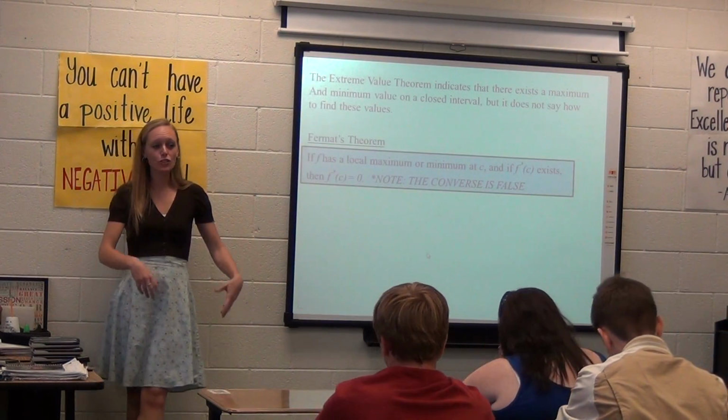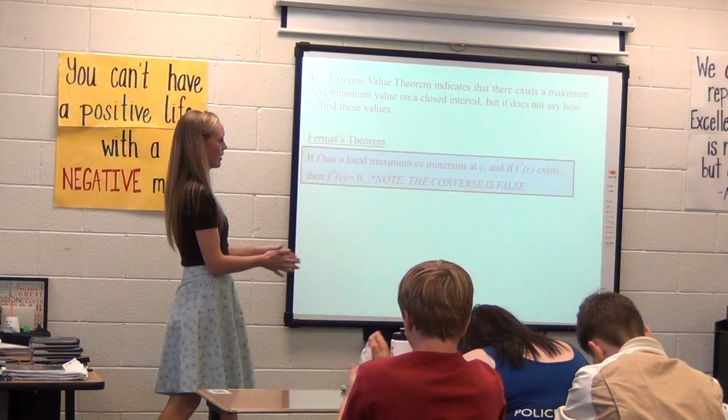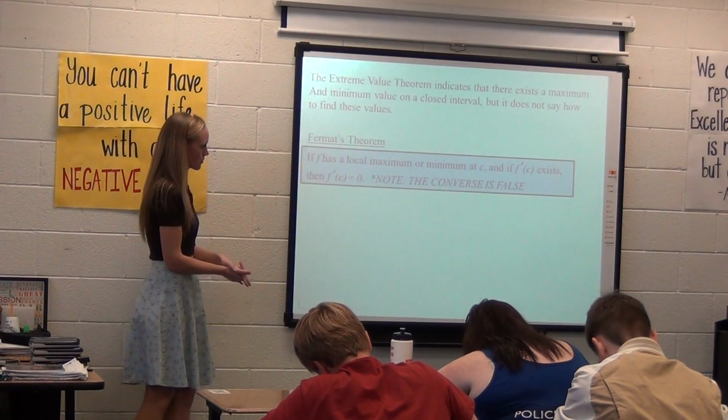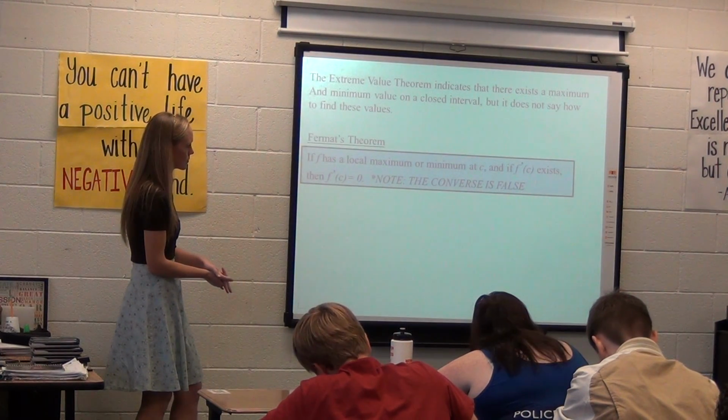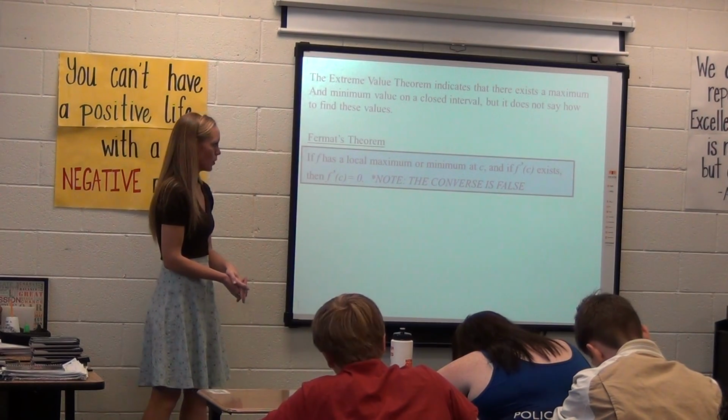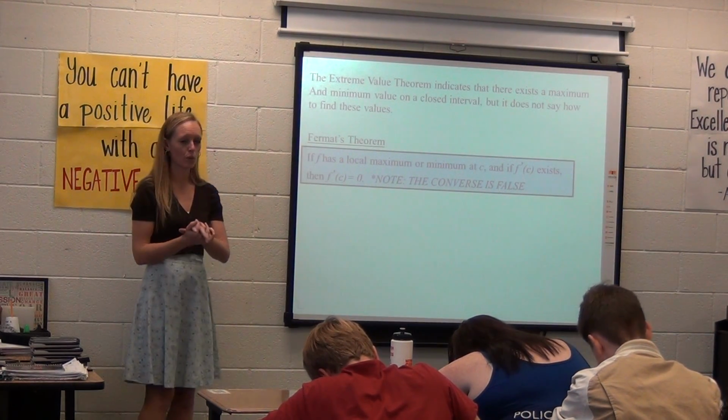So, how to actually find these values? We've got a couple different theorems that we're going to be learning about this. And this kind of goes into what we were talking about with how these always look.